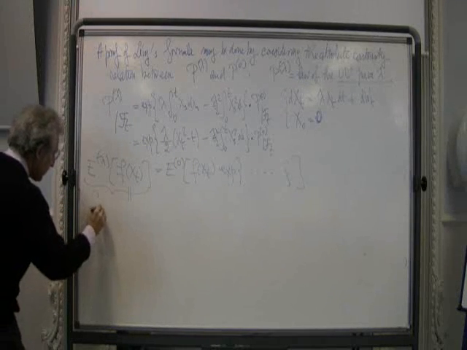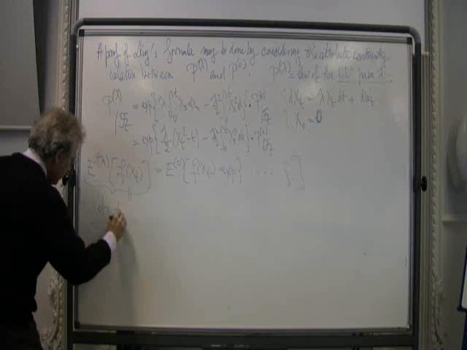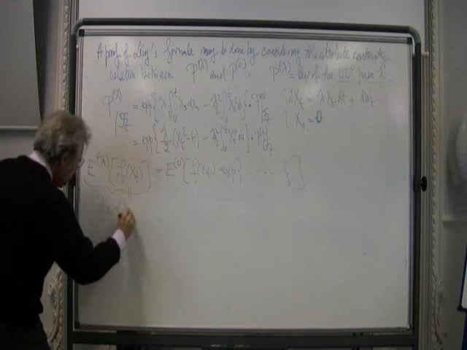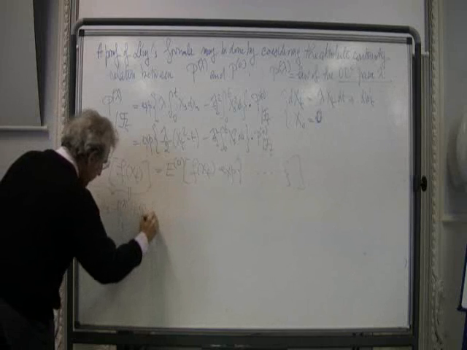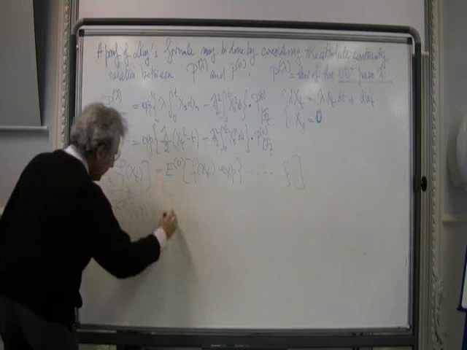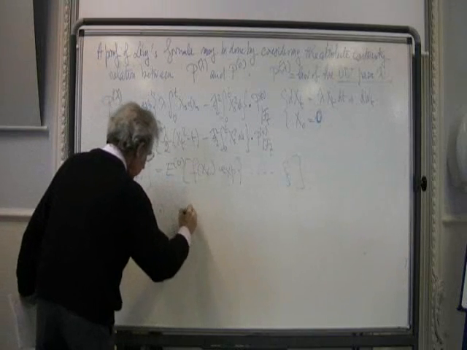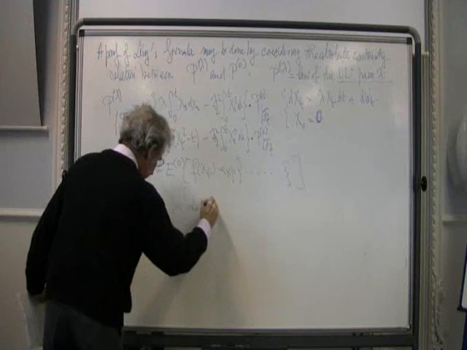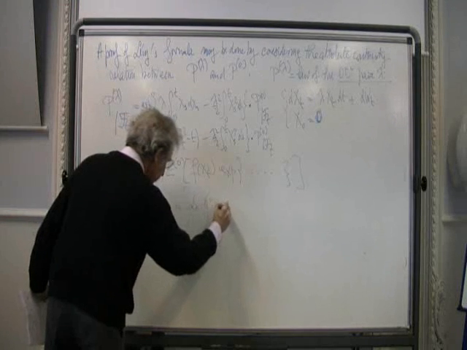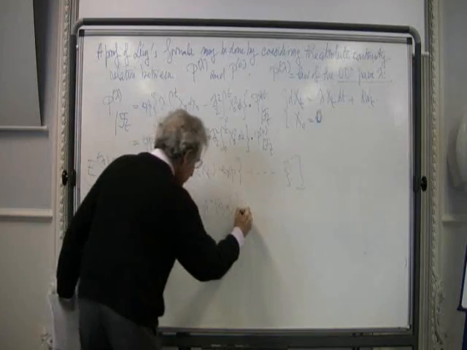So this is integral dx p_lambda(t,0,x) f(x). And on the right-hand side, this is also integral dx p_0(t,0,x) f(x).